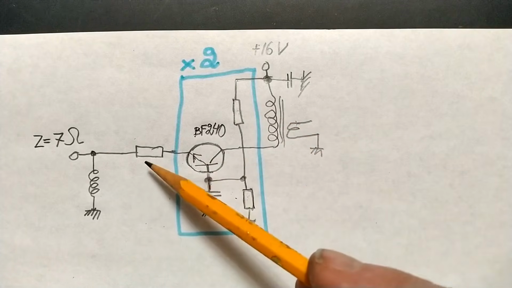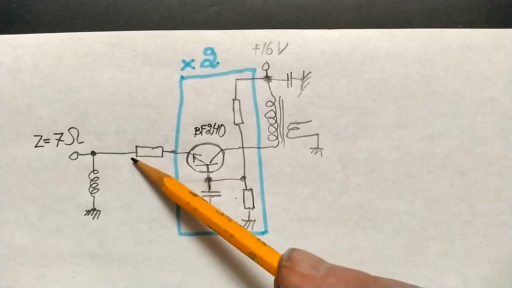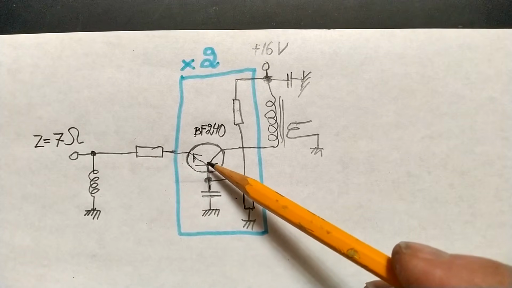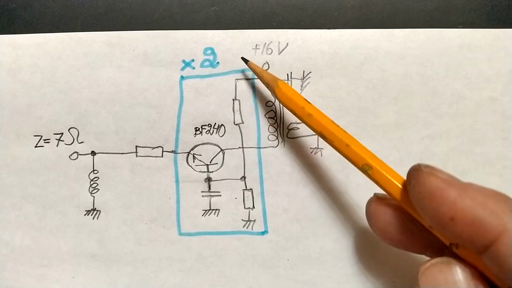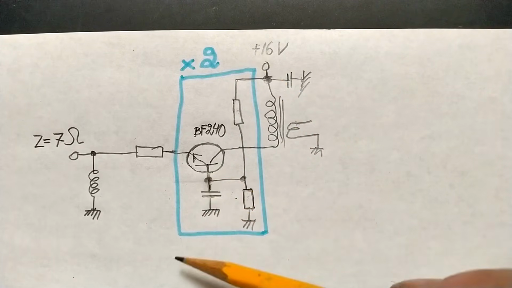And then they have each one its own emitter resistor, so the currents through the transistors should be uncorrelated, which should lower the noise by 3 decibels.